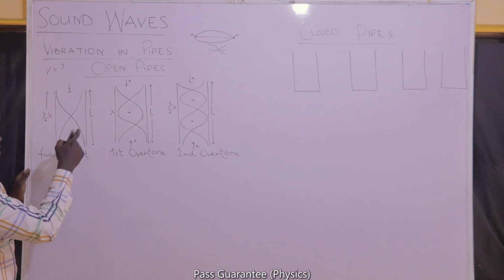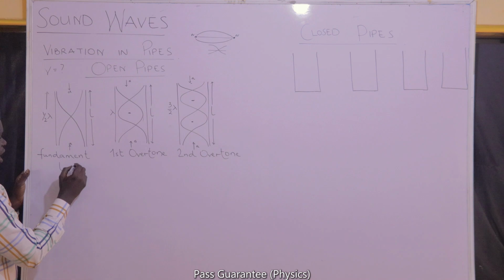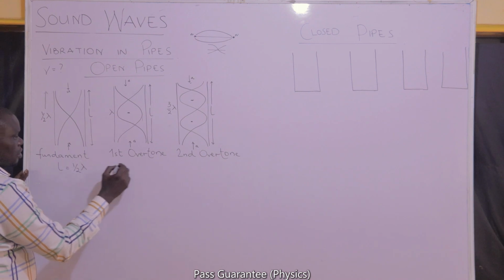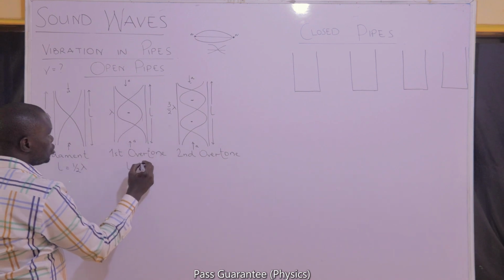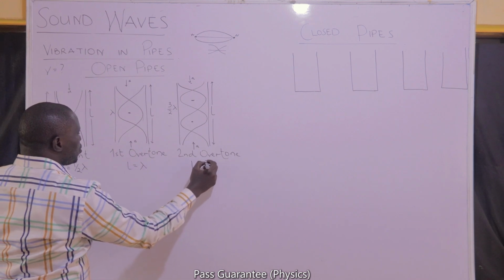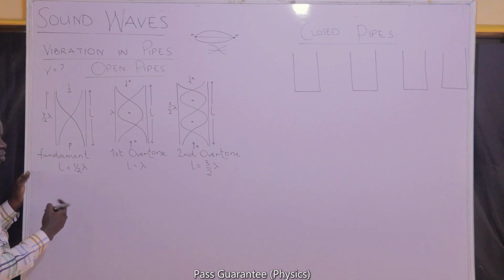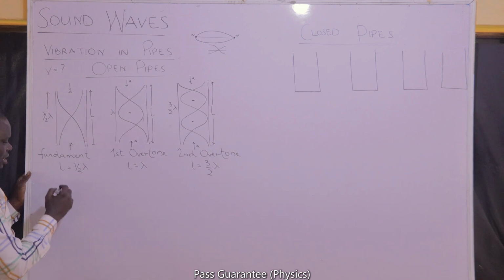So if I express this length in terms of the wavelength, I will have L is equal to half wavelength. L here will be equal to one wavelength. The L here will be equal to 3 all over 2 wavelengths. I can make the wavelength the subject of the formula, the same process under string.